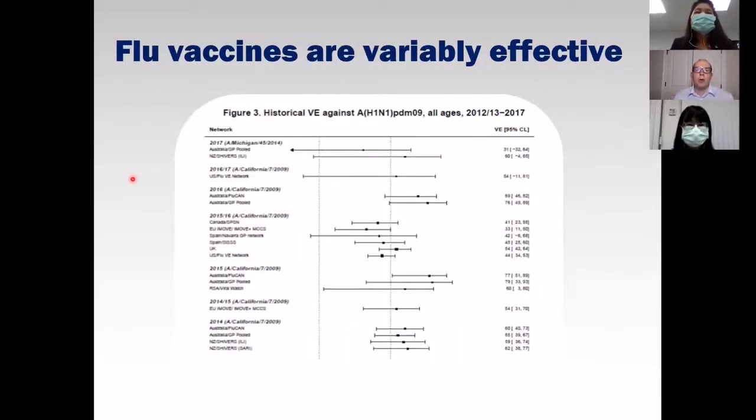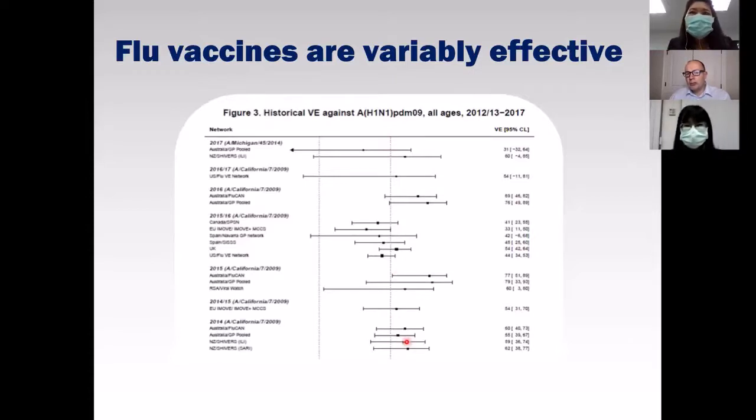If we look at how effective flu vaccines are, we know that they're variably effective. I apologize, this is not the best of slides, but when we look at vaccine effectiveness historically, these are all different estimates of the efficacy of the H1N1 component of the flu vaccines, and this dotted line down the middle is 50% efficacy.